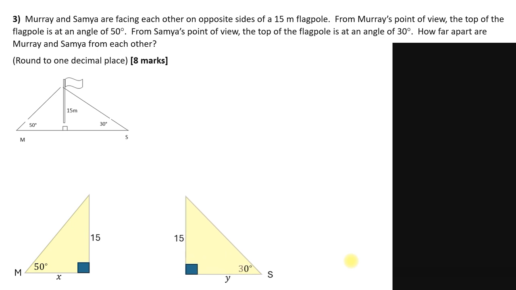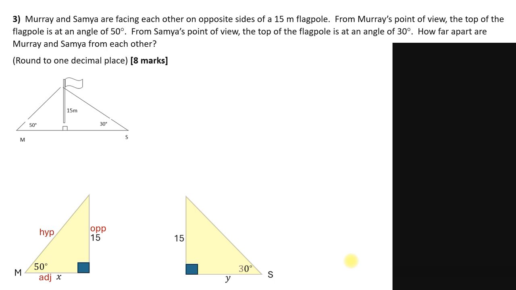So we'll split them apart like this, and we'll label them relative to the reference angle. So there's the opposite of 15 and the adjacent of x. We're trying to find the distance of Murray from Samia, so we're trying to find what the x and y values are.